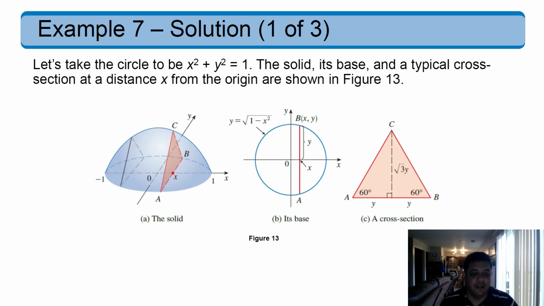And doing a little bit of trigonometry, I'm going to find out that the height is square root of 3 y. I'll leave that calculation to you to complete, but essentially, you can do that using the fact that this is a 60 degree angle.